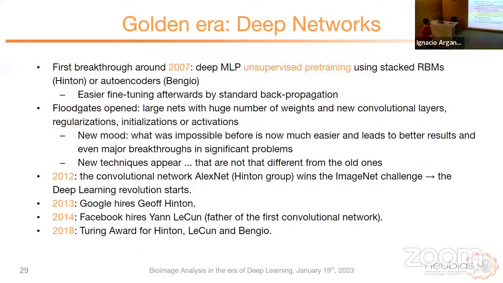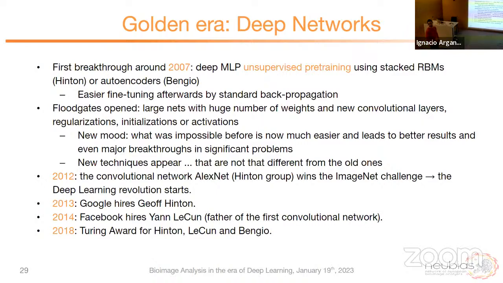What people mark as the start of the revolution was 2012, because that was when a model called a convolutional neural network, from the group of Hinton, won the ImageNet challenge. This is an annual competition where people have to classify millions of images into thousands of categories. Until then they used more classic or deterministic methods, and with this approach, they broke the record by a large margin, and then everybody in the field moved toward deep nets.